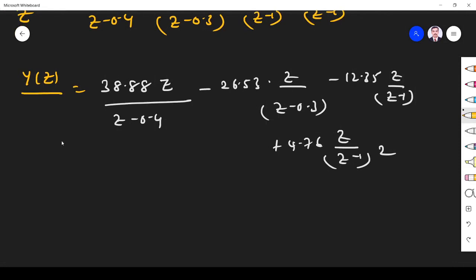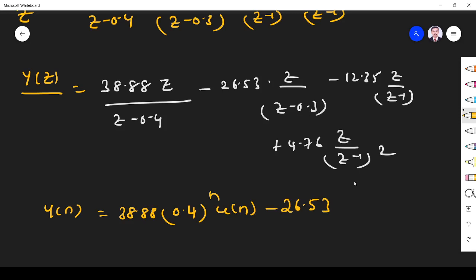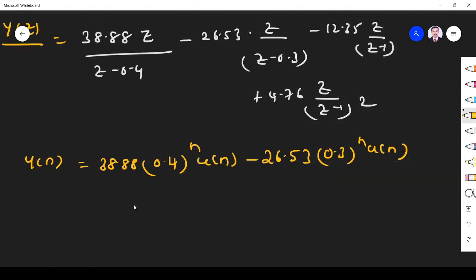If you take the inverse z transform, y of n is 38.8 times the inverse transform of z by (z minus 0.4), which is 0.4 power n u of n, minus 26.53 times the inverse z transform of z by (z minus 0.3), which is 0.3 power n u of n, minus 12.35 times the inverse z transform of z by (z minus 1), which is 1 power n u of n.